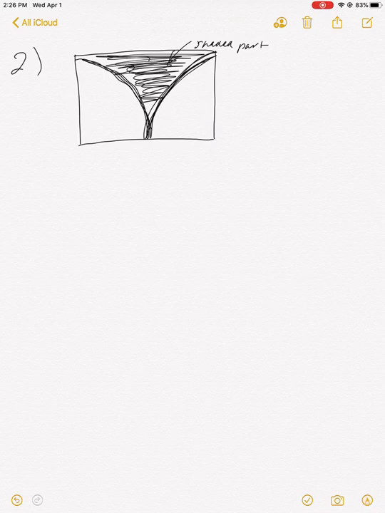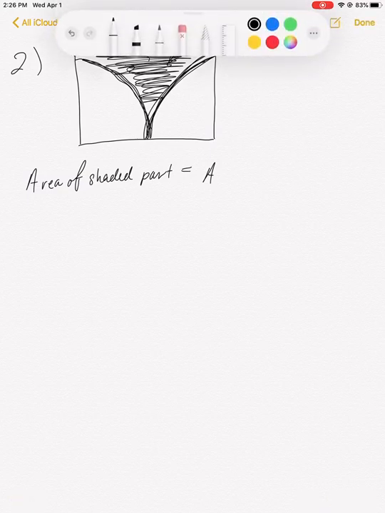Okay, so what we're going to do is make a plan. So the area of the shaded part is equal to the area, and we're going to outline our plan here with blue. So we have the area of the whole rectangle here in blue, and I'm going to subtract off the area of these quarter circles.